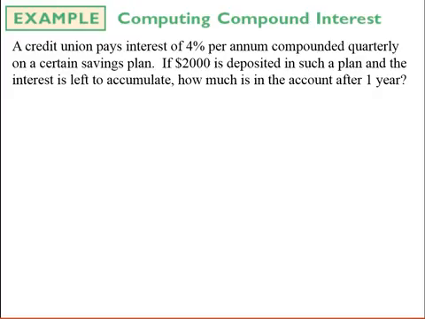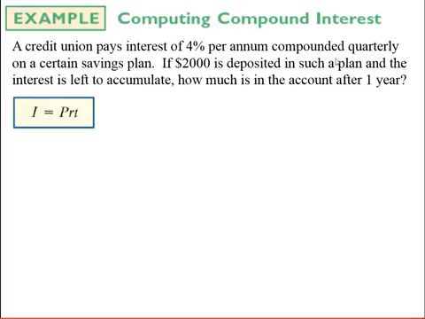So in this example, let's suppose that a credit union pays that same interest rate of 4%, and we're going to compound quarterly. And if $2,000 is invested in the plan, right, how much is left in the account after 1 year? Right? So if we were going to do this the long way, I just want to show you what compounding really means here. If we're going to do this the long way, what we're going to do is break the year into 4 pieces because we're compounding quarterly.